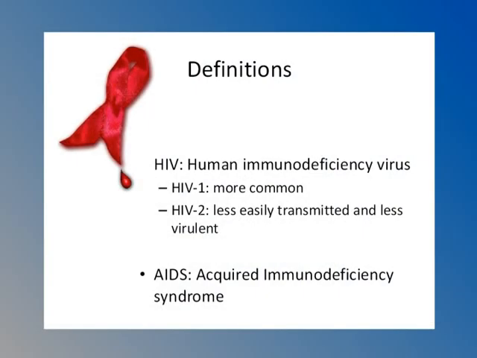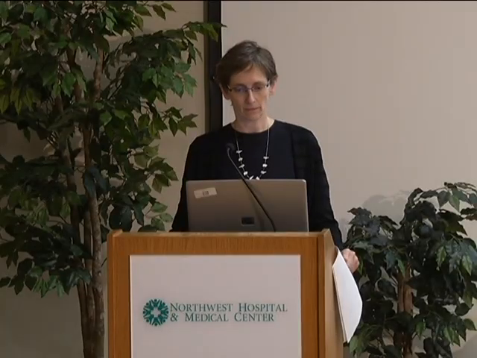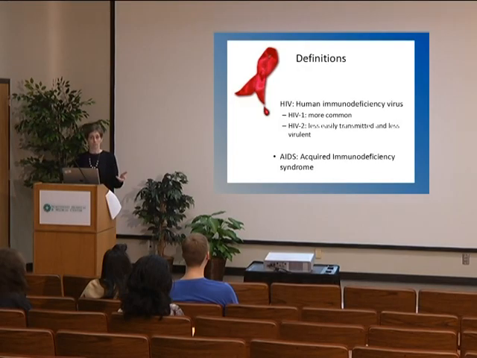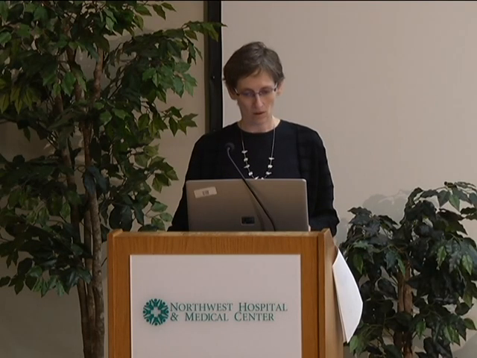The reason that it's important to know about the two different ones is because when we do lab tests on the virus, we look for a viral load, but if you have HIV-2, then checking with a viral load that measures HIV-1, you're not going to find the virus. So it's just kind of important to know. I've been in practice 20 years, seen many HIV patients, and in that 20 years I've had one person with HIV-2. So in this part of the country it's very uncommon.